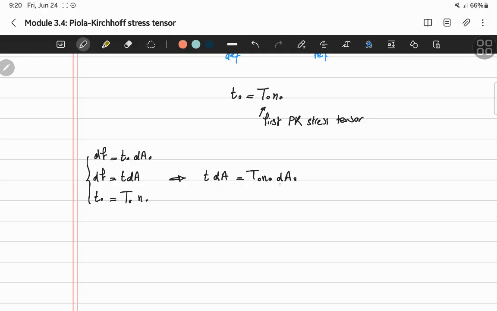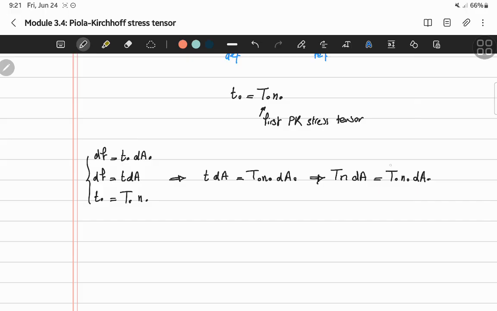So I move this dA0 to the other side of the equation. This is T dA divided by dA0. Sorry, this is Tn. So this T n dA is equal to T0 and N0 dA0.